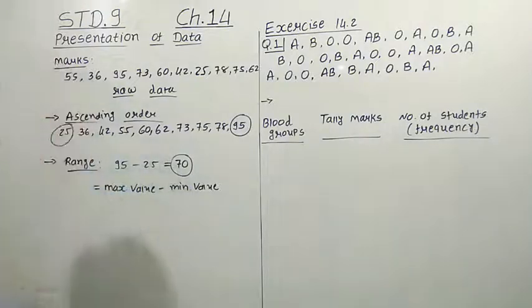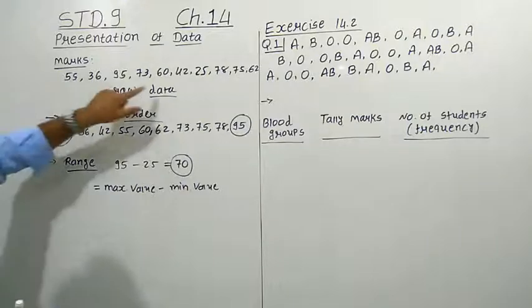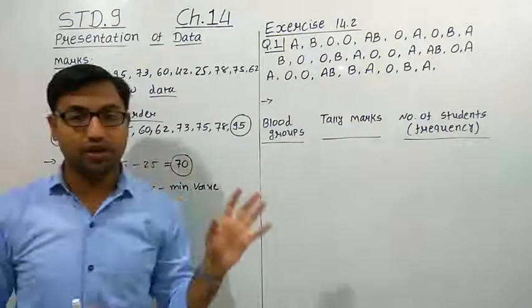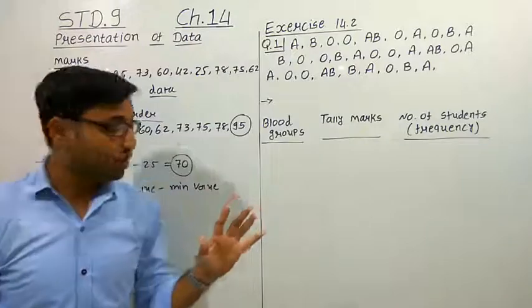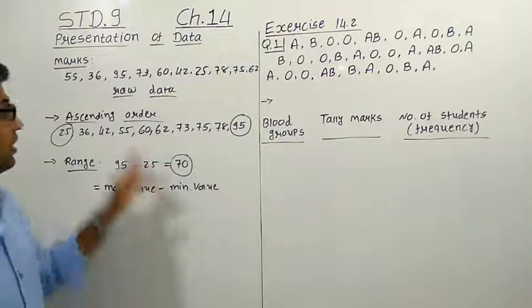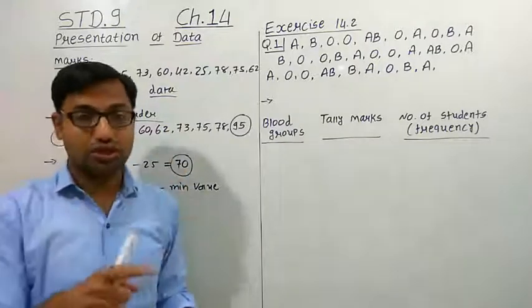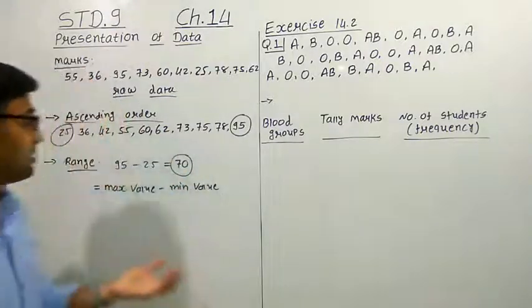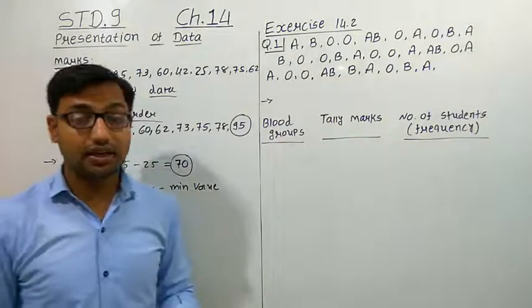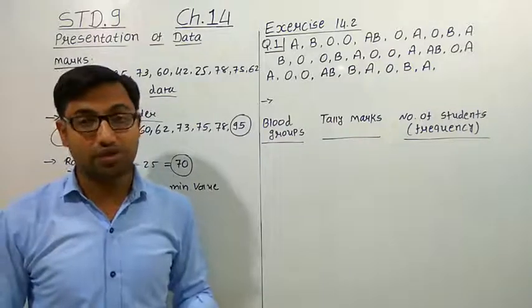Now think about one more thing. Here the marks are of only 10 students. Now suppose you have 30 students, then this data would be in 3 rows, and if we want to arrange this data in ascending or descending order, again it is a time consuming process.